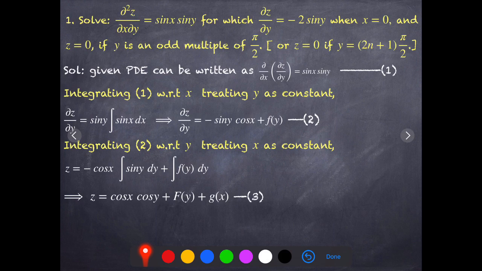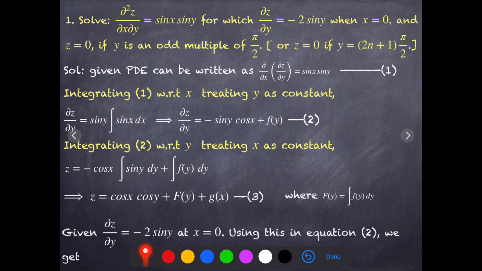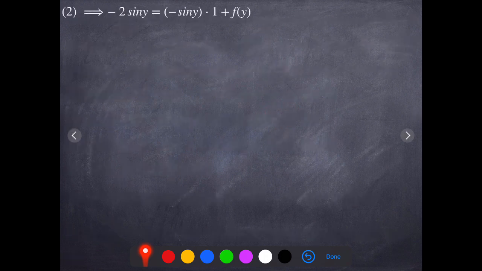Now I will use the first condition, that is ∂z/∂y = -sin 2y when x = 0. Observe carefully here, I can use this condition in equation number 2 only. So substitute ∂z/∂y as -sin 2y and x = 0, and we get the value of f(y), that is f(y) = -sin y.